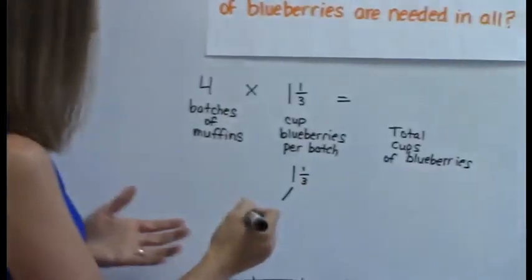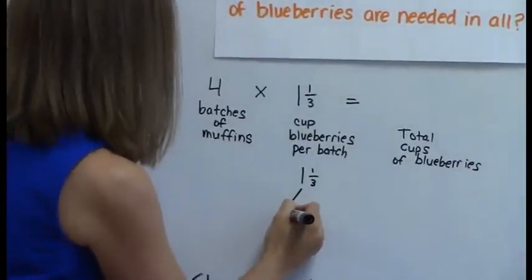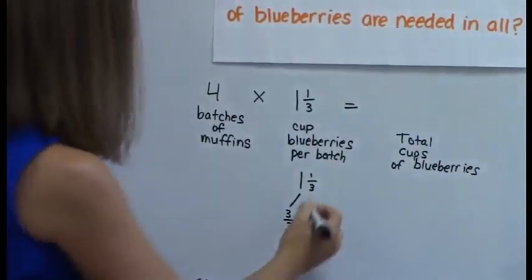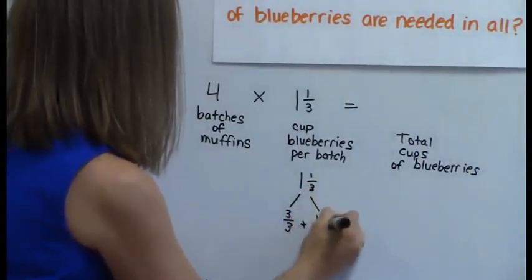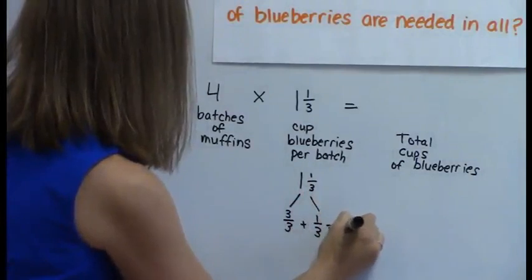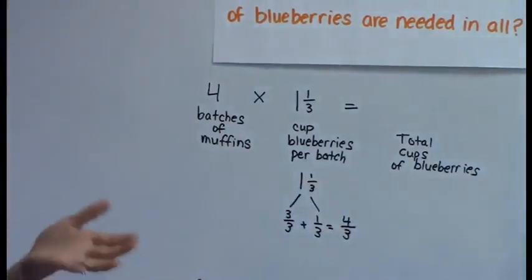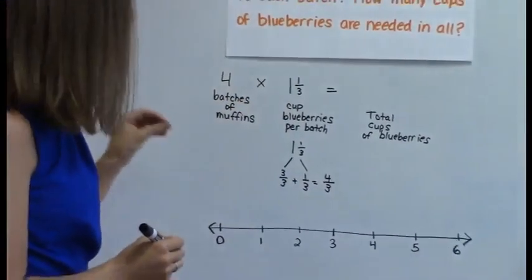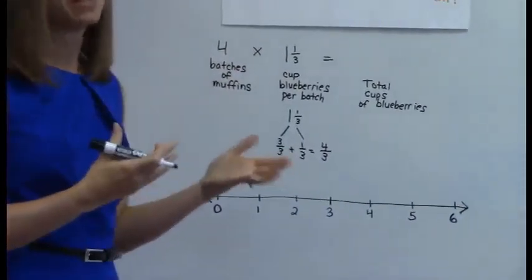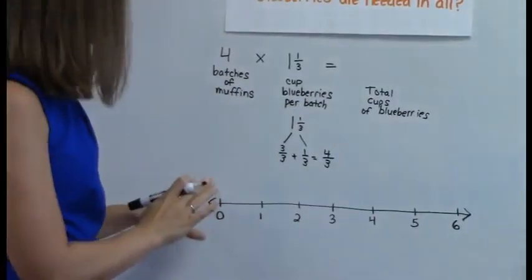So I know that 1 is the same thing as 3/3, and I'm going to add that other third to it, and that will give us a total of 4/3. So 4/3 is going to be the same thing as 1 1/3 cup of blueberries, but it's going to be a little bit easier for us to use.